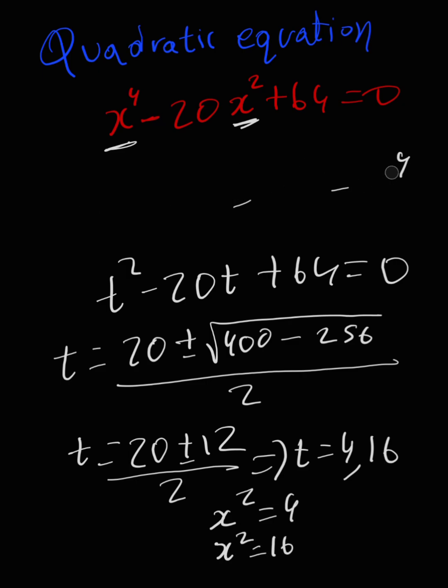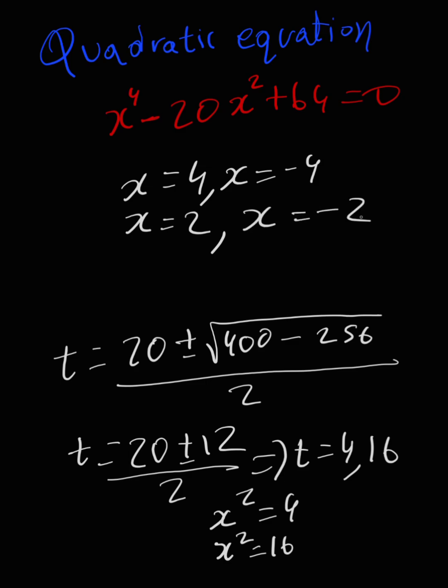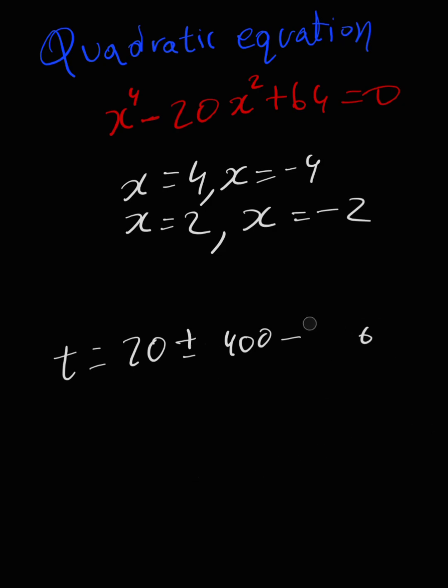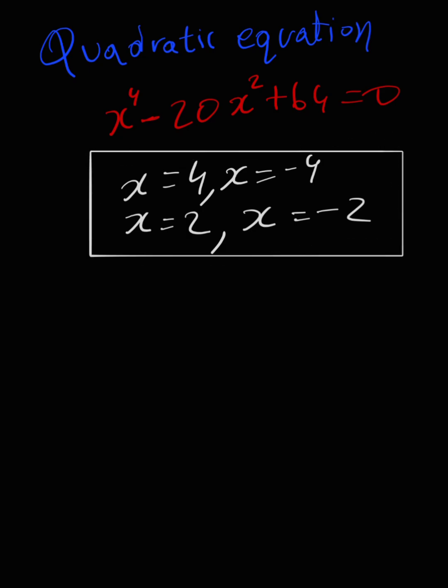Therefore we have obtained 4 values for x in this condition. x is equal to plus 4, x is equal to minus 4, x is equal to 2, and x is equal to minus 2. These are the 4 values for which we have obtained our solution.